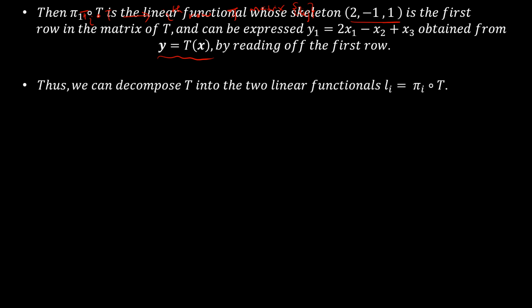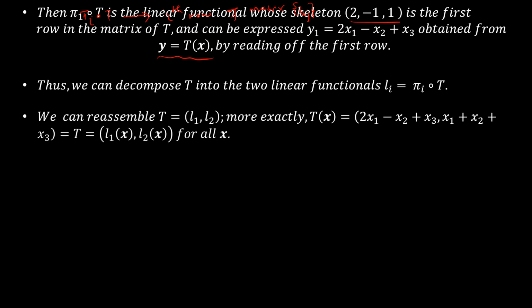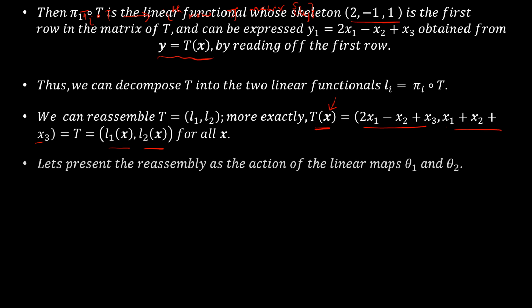Thus, we can decompose T into two linear functionals, that is Li equals pi i composed with T, and then reassemble them such that we have L1 and L2. More exactly, Tx, after putting in the input, is composed of these two components, where this is considered to be L1 and the second one is considered to be L2 for all x.